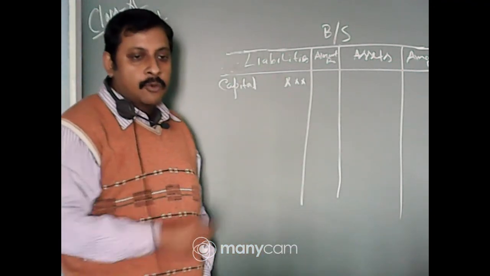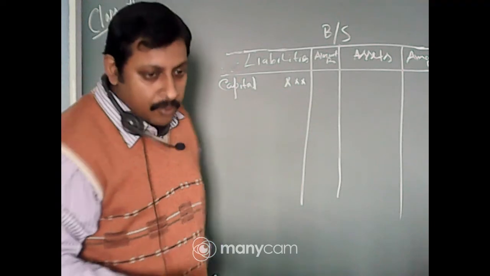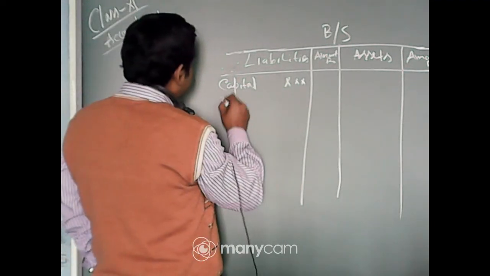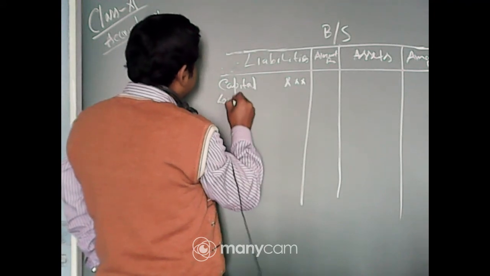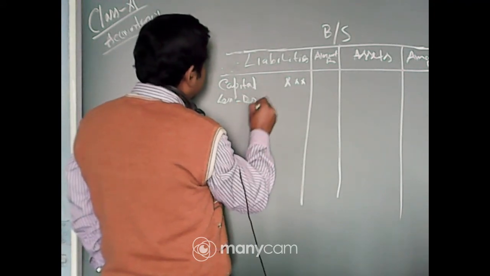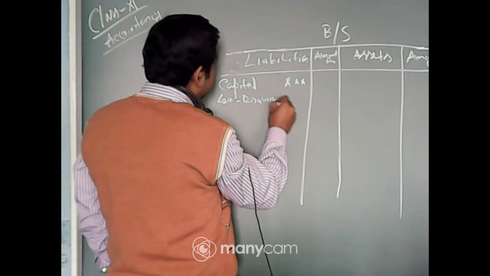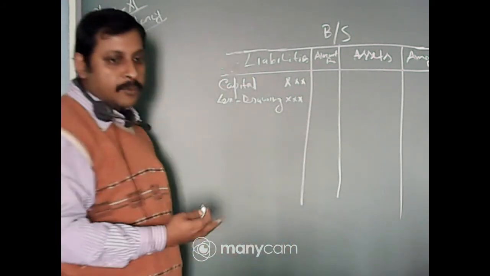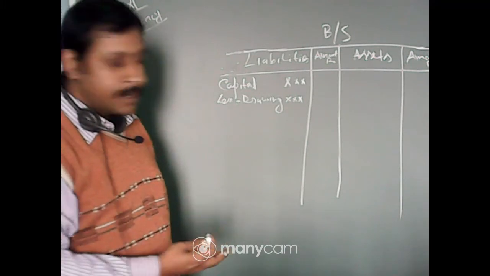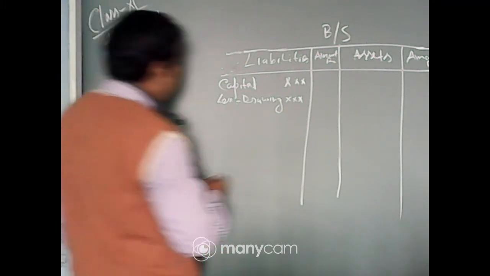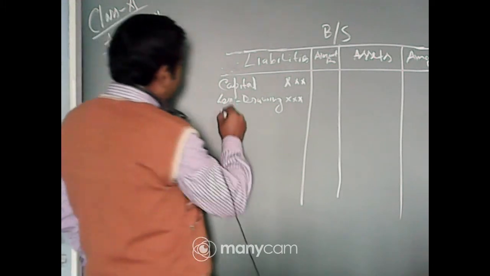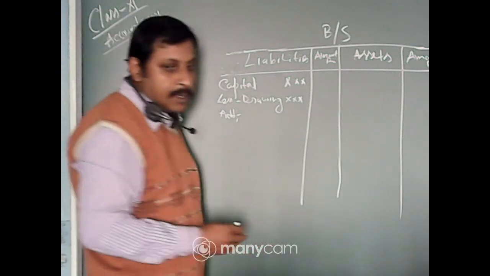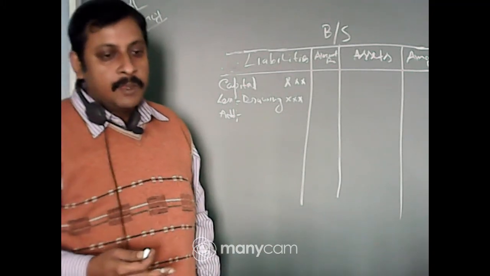If there is any drawing, we deduct it, writing less drawing or minus drawing. When the proprietor withdraws money from the business for personal use, we call it drawing. Then we add any further capital introduced by the proprietor.